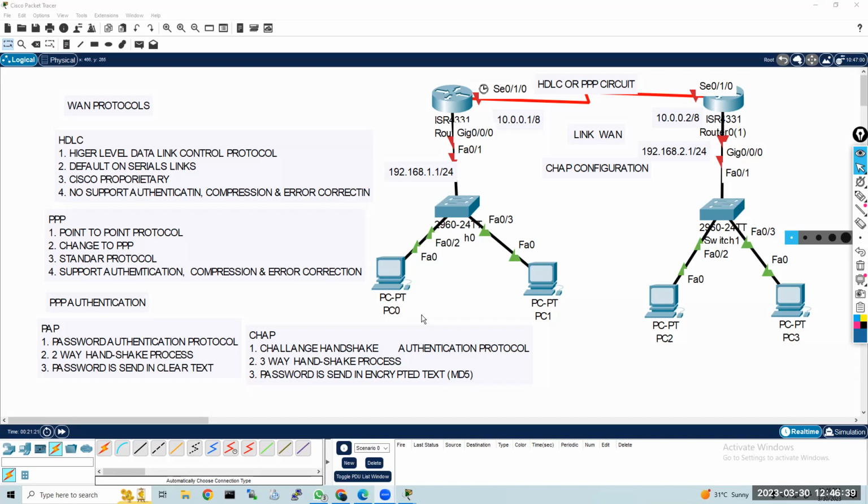Click on the router. Why can't you access? No, sir, it will not tap.